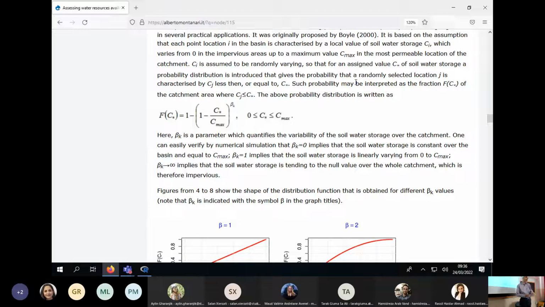Where the soil cannot retain water, you have an immediate reaction to precipitation. So if you are concerned about floods, you are concerned by this type of basin that doesn't retain water. But even if you are concerned about water resources, you are equally concerned by a catchment that doesn't retain water.